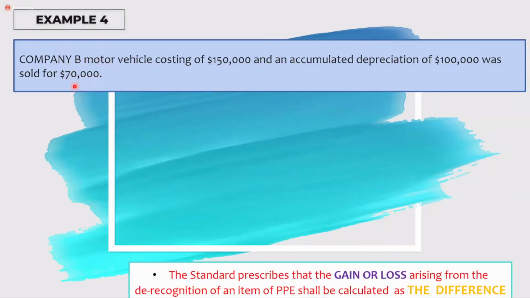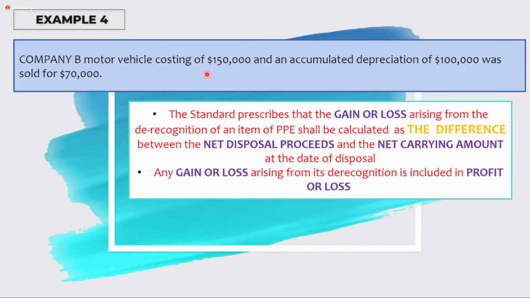According to the standard, when the disposal takes place, the entity needs to calculate any difference between the sales proceeds received and the net carrying amount at the date of disposal. The difference in the sales proceeds, or the cash received from the disposal, will be the gain or loss on derecognition of the asset.